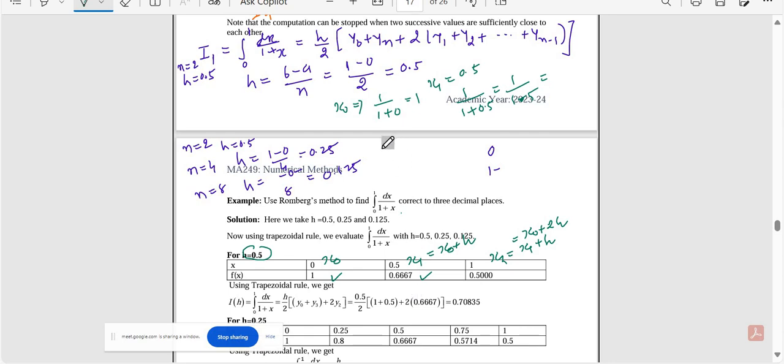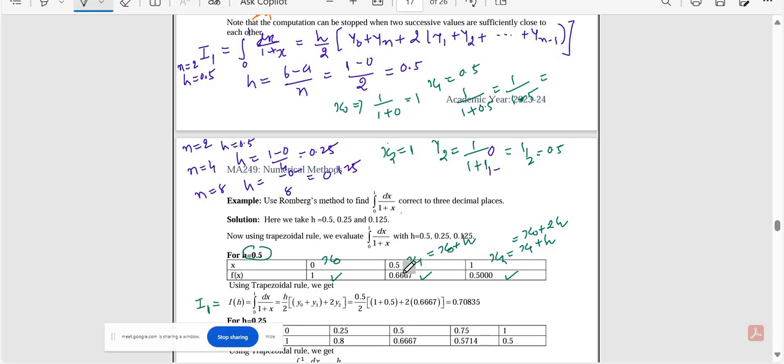Now you can find x2. When x2 is equal to 1, then you can find y2. What will be my y2? 1 upon 1 plus 1, that is 1 by 2, that is nothing but 0.5. So you have to prepare a table like this. Now, using the trapezoidal rule, we have the integral from 0 to 1, I of h, that is my I1. So I of h for the integral of dx upon 1 plus x is h by 2.